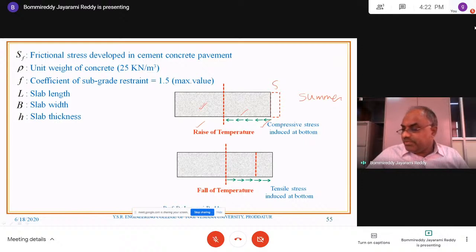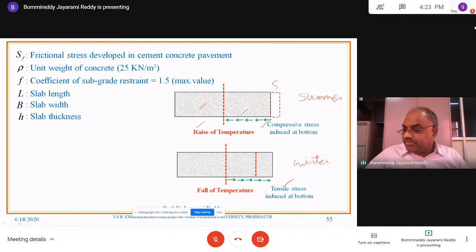Whereas in case of winter, the temperature is going to become less. So the original slab edge is going to reduce now, and since it is moving towards the center, the frictional resistance will be in the opposite direction, and because of this, tensile stresses are induced in the section.